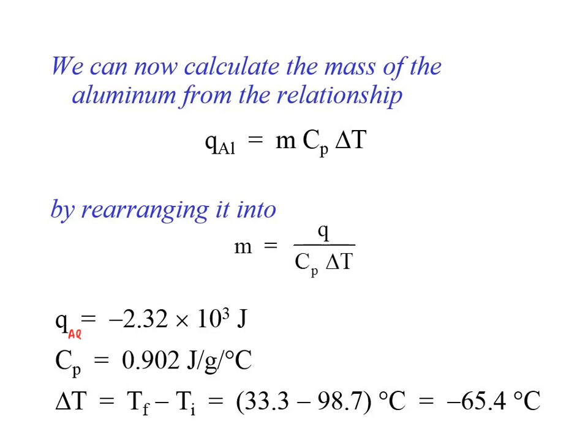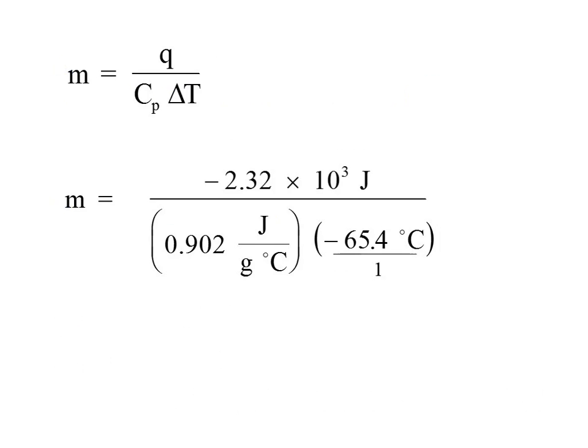Our delta T is final minus initial, so it's that equilibrium temperature, 33.3, minus the initial, which was the hot, 98.7. Rounding according to decimals, that gives us a delta T, and don't forget that negative is important, okay? Negative 65.4 degrees Celsius.